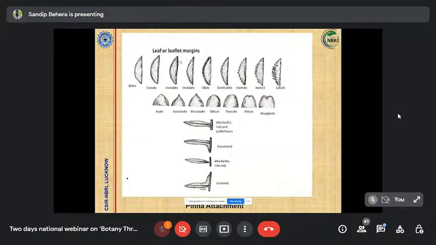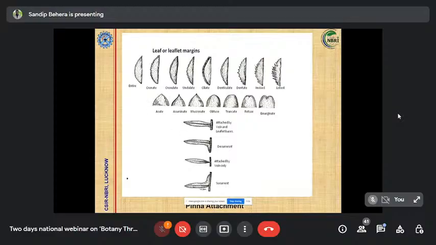Now, the leaf lamina, the leaf margin also is important for identifying it, whether it is crenulate, that means slightly dentate. It is undulate, a wavy-like structure. Cilia, a simple hair-like structure, will be found. It is called ciliate. It is denticulate, and some are dentate, a big denticulate structure. Some are called incised, lobed.